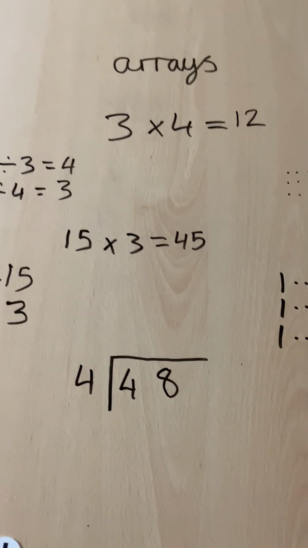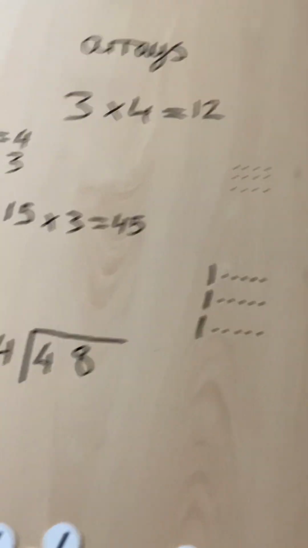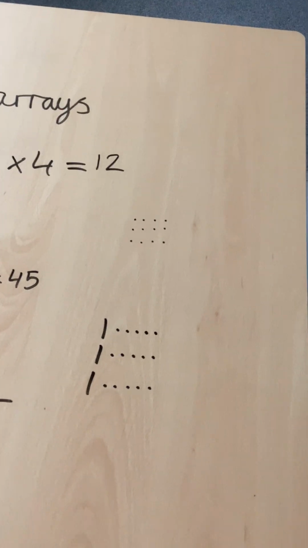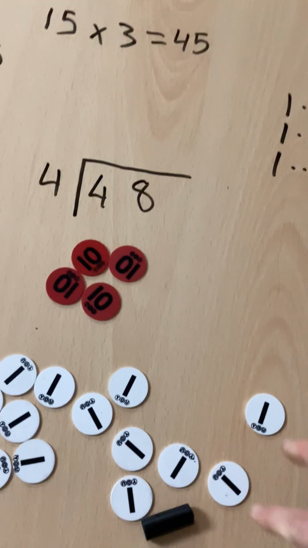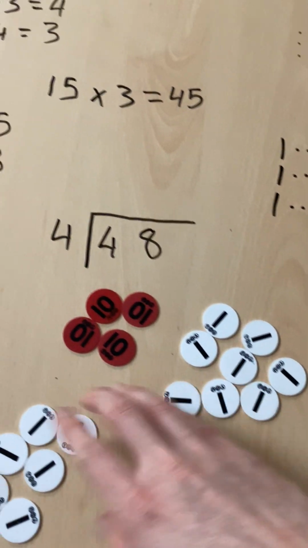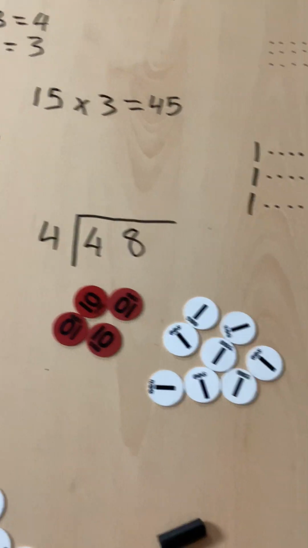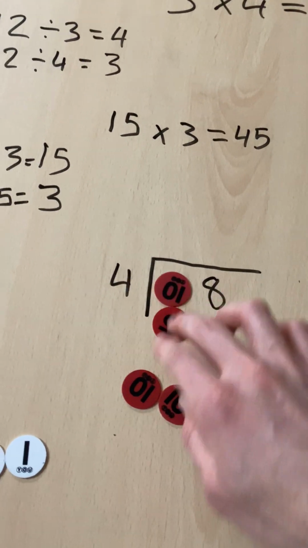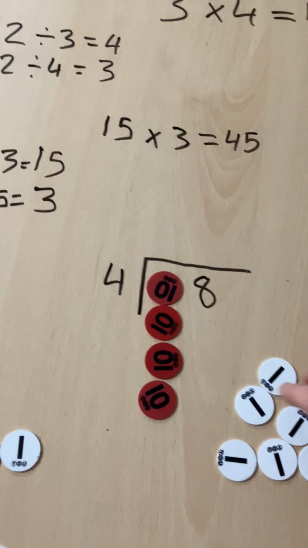48 divided by 4. So I need to get 48 in my counters. 10, 20, 30, 40. 2, 4, 6, 8. And I've got them in piles, but I need to organise them as I did. So let's put the 10s on top of each other.